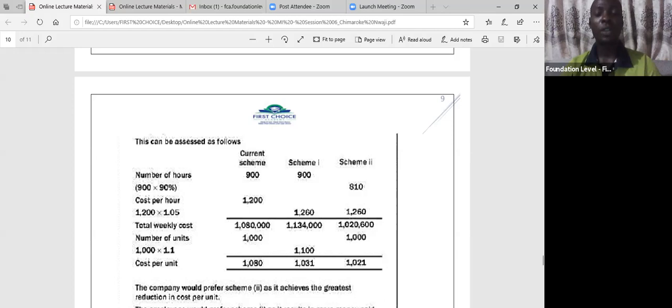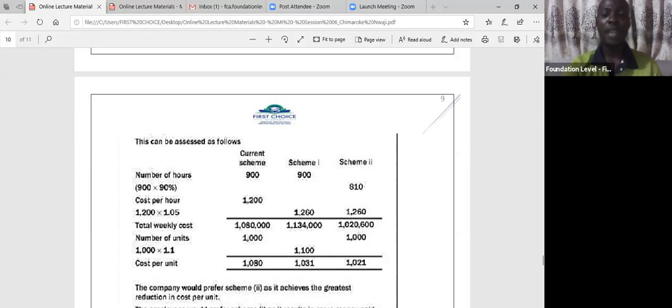So that is how they are going to pay you if you can achieve that increased productivity. So if they are paying you that and you are giving them 900 hours, this is what they are going to spend: 1,134,000 naira in a week.